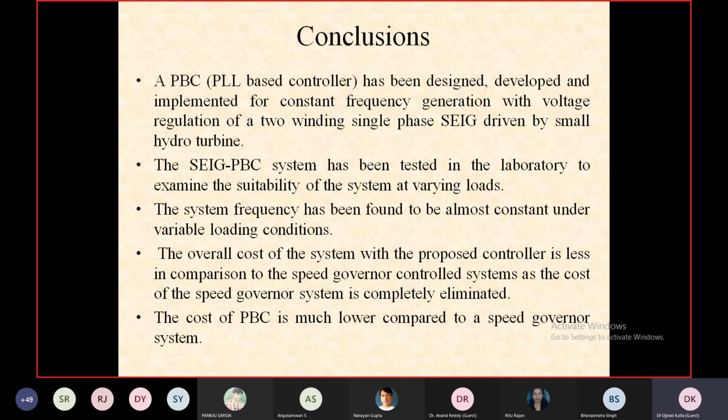Another advantage of this scheme is that the induction generator has inherent short circuit protection. If you short the output wire of the generator, it will not burn away. It will not be damaged. Whenever you short it, the output voltage will become 0.